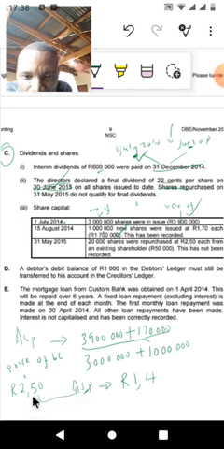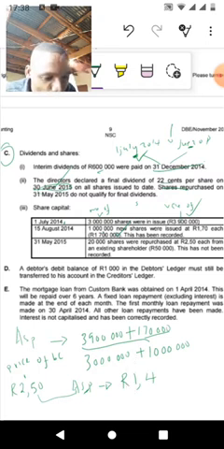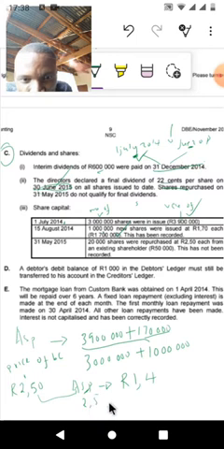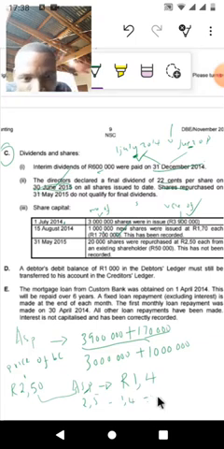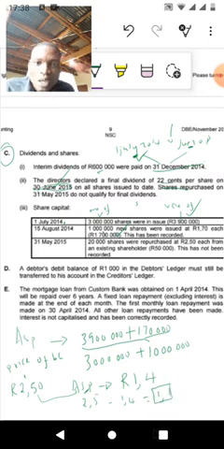We say 2.50 minus 1.4. We want to know how much is above 1.4. It's 1.1. So this price above the average share price is the one that we use when we prepare the retained income note.